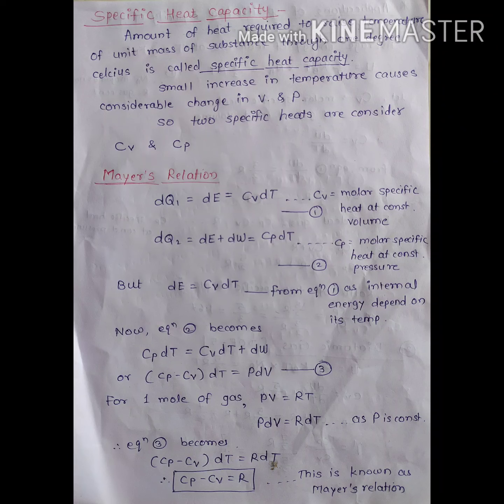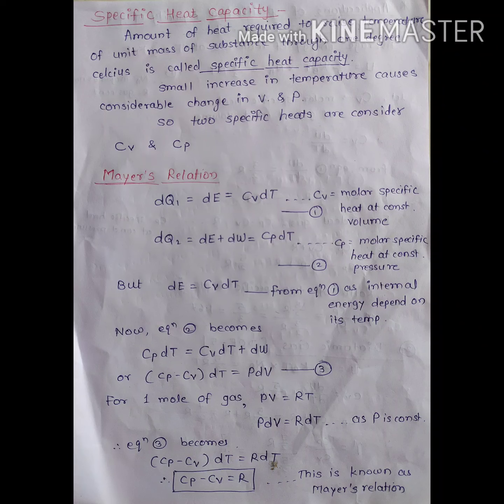But we also know that dE is equal to Cv dT from the above equation, that is equation number 1, as the internal energy of an ideal gas depends only on its temperature.